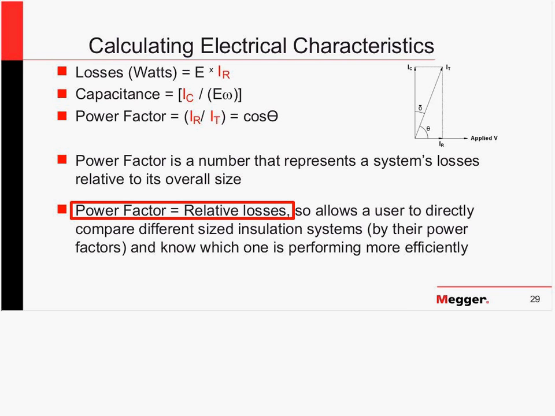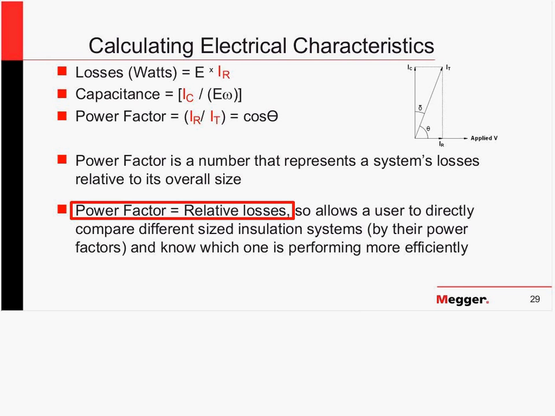If I have a system that's 10 times as big as the one I'm looking at, then I don't expect the one 10 times as big to have the same amount of dielectric losses as this other one that's a tenth of the size. If it's 10 times as big in the same exact condition, it would have 10 times as much dielectric losses as the one a tenth of the size.